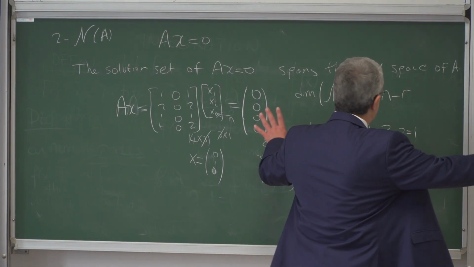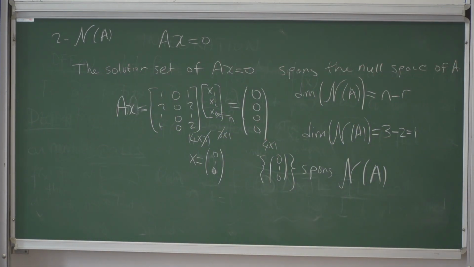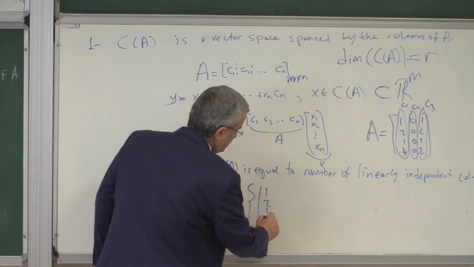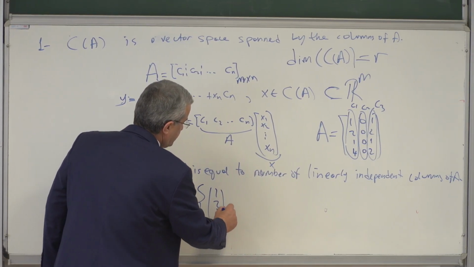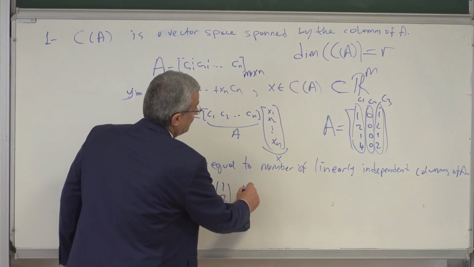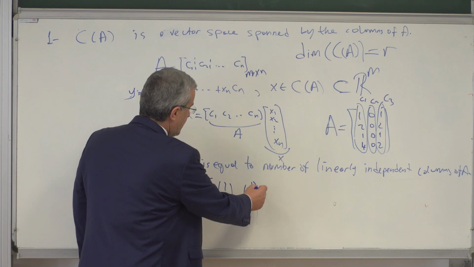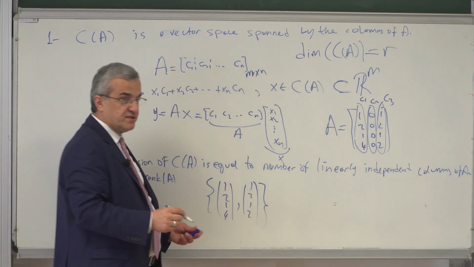So here, what spans? I'm just putting them side by side, you can see that. What are the spanning vectors here? It is explicitly in the question, right? 1, 2, 1, 4. And the other one? 1, 2, 1. So these are also a basis.